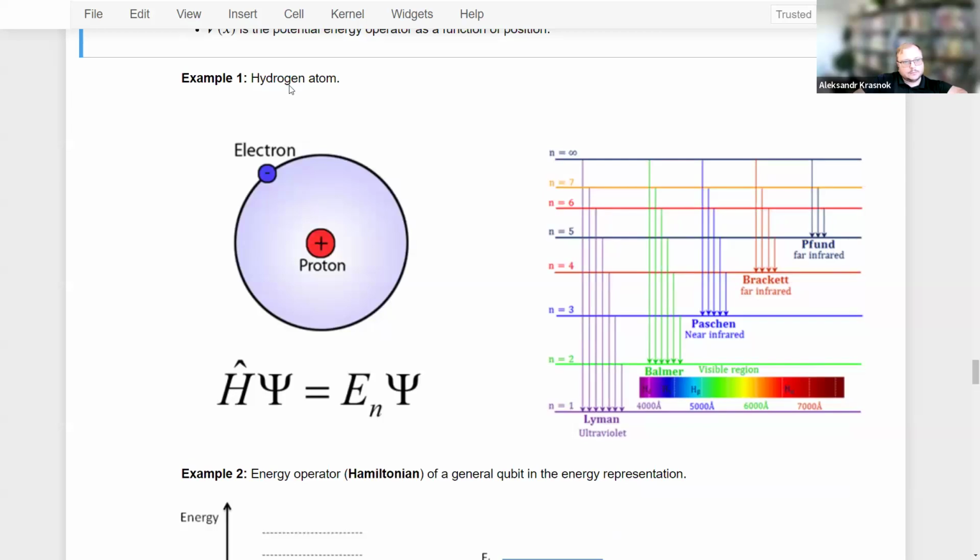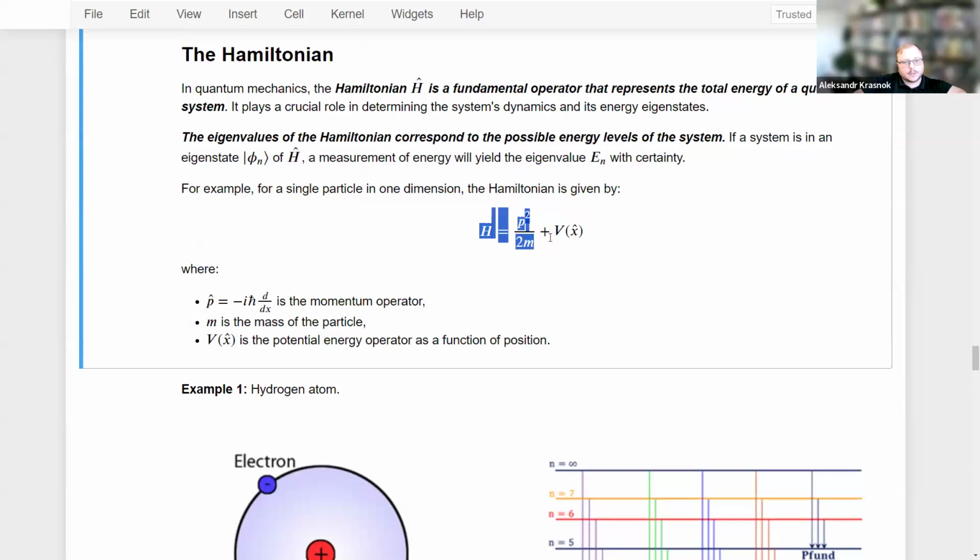As an example, let us consider a hydrogen atom. A hydrogen atom has a proton as a nucleus and an electron that orbits the proton, right? For this system, you can write the Hamiltonian.